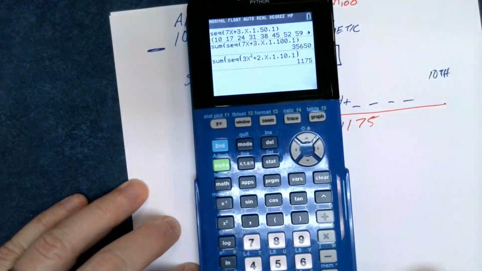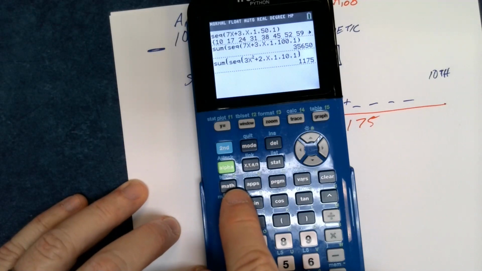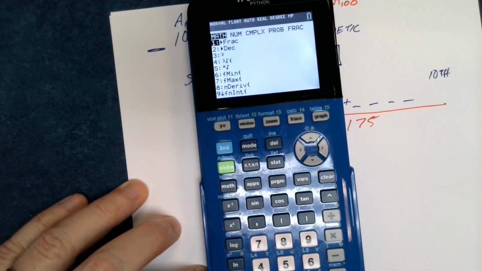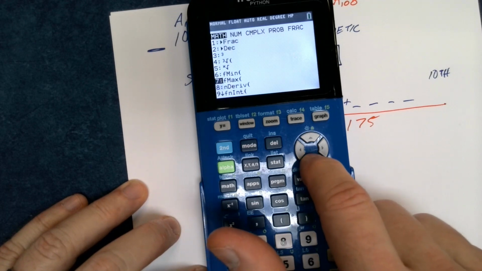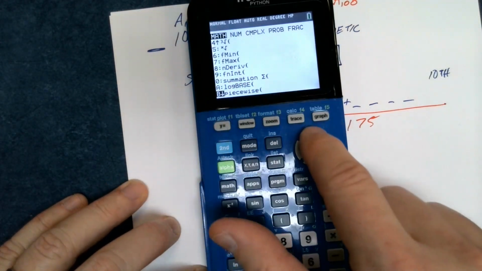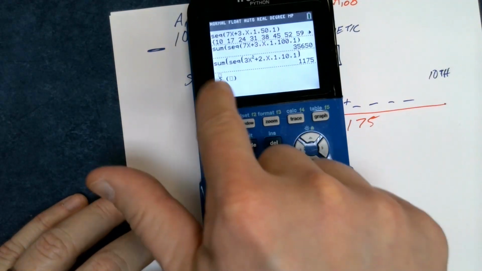Now, on the newer calculators, they have that actual sigma button, and that's found under the math key. So you can go ahead and hit math, and then scroll down, and it says right there at 0, summation. So I'm going to go to summation, I'm going to hit enter, and it even gives me the whole symbolism here.